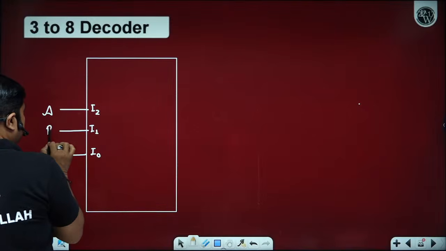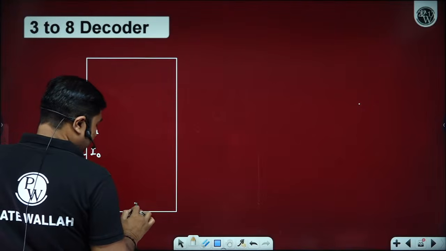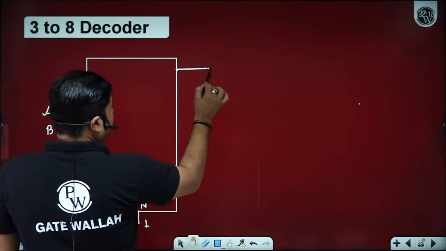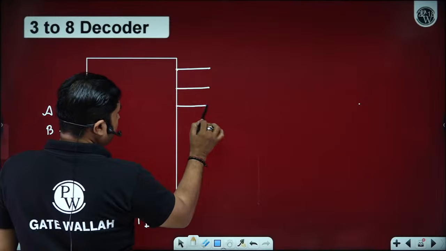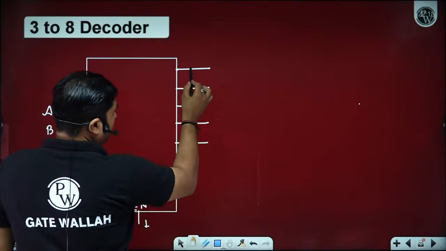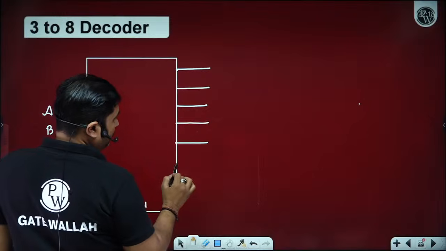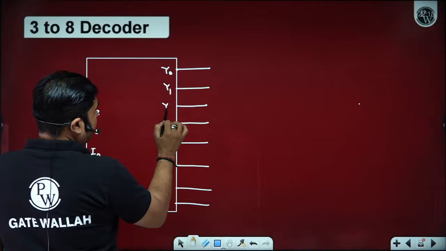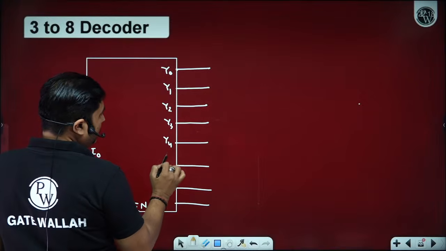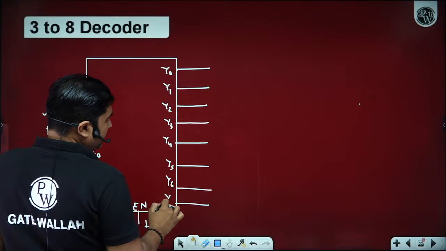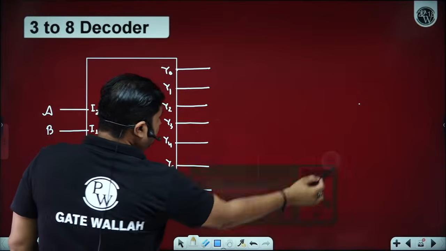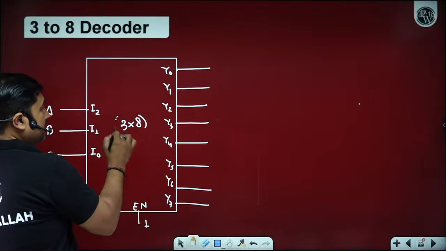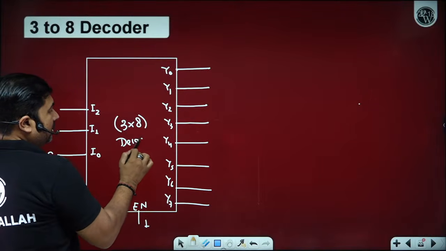At the input I am representing A, B, C. Enable is high, and we have outputs Y0, Y1, Y2, Y3, Y4, Y5, Y6, Y7. So depending upon the input, one of the output pins will become logic 1. So we can see the 3 cross 8 decoder now.